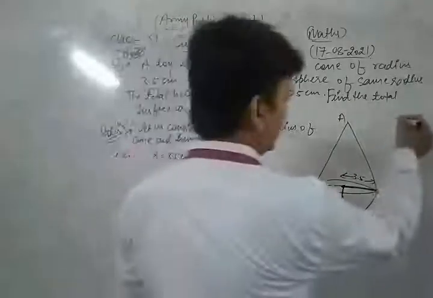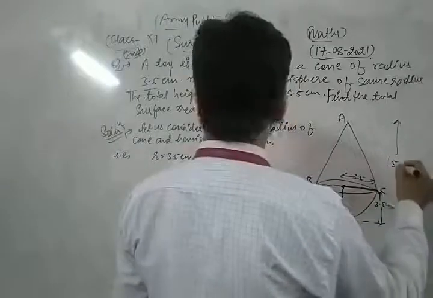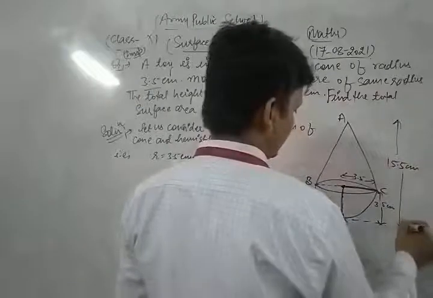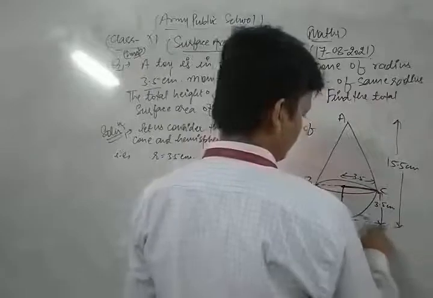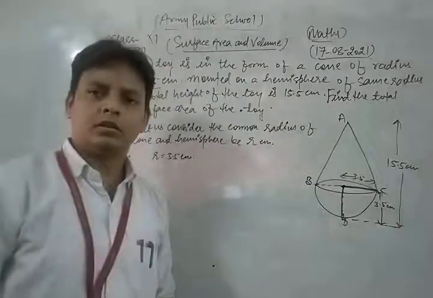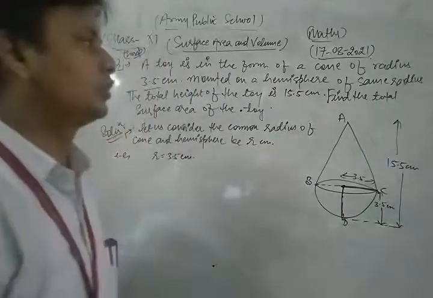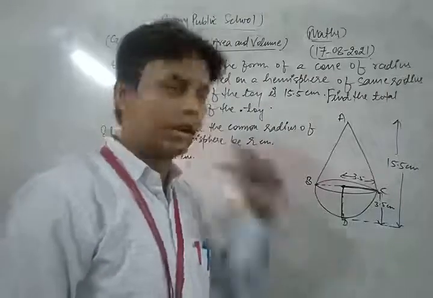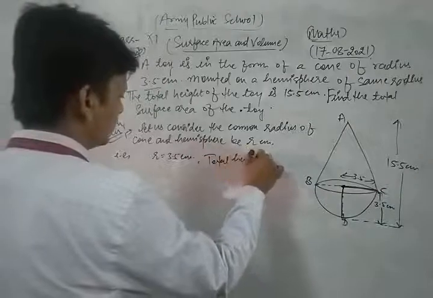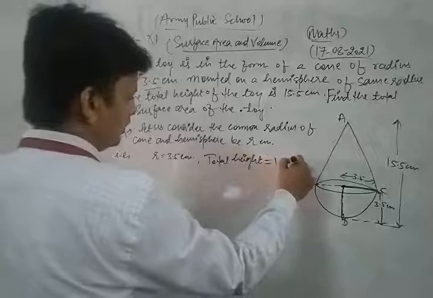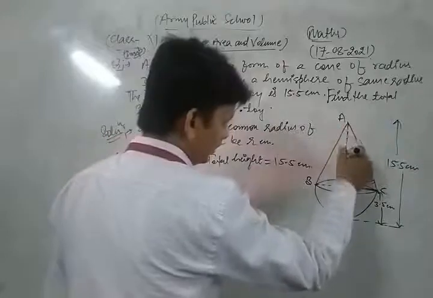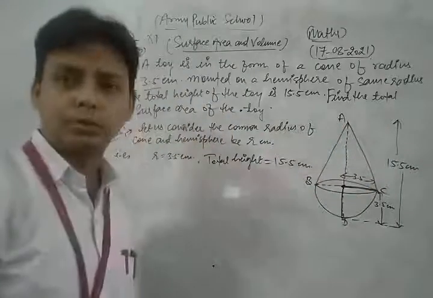Now, total height of the toy. Dear student, the total height of the toy is 15.5 centimeter. So first of all, we find the height of the conical portion.